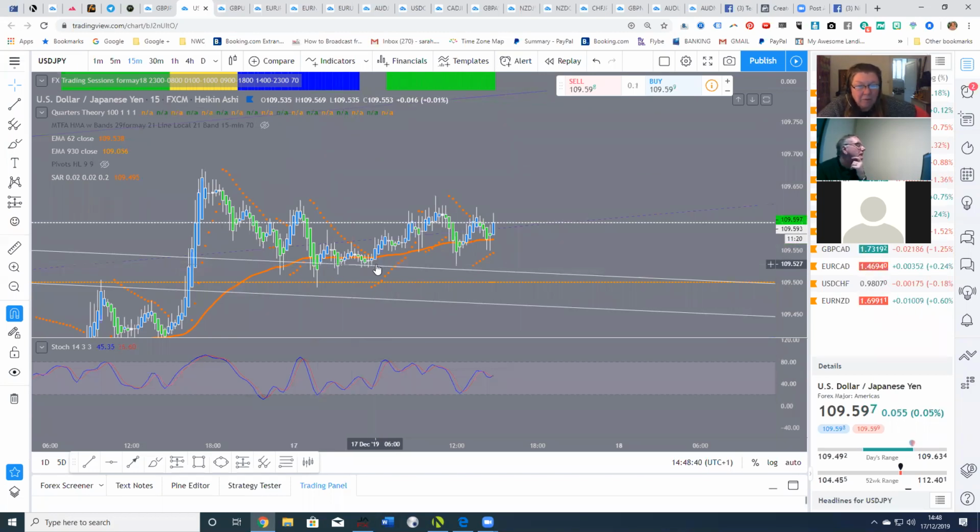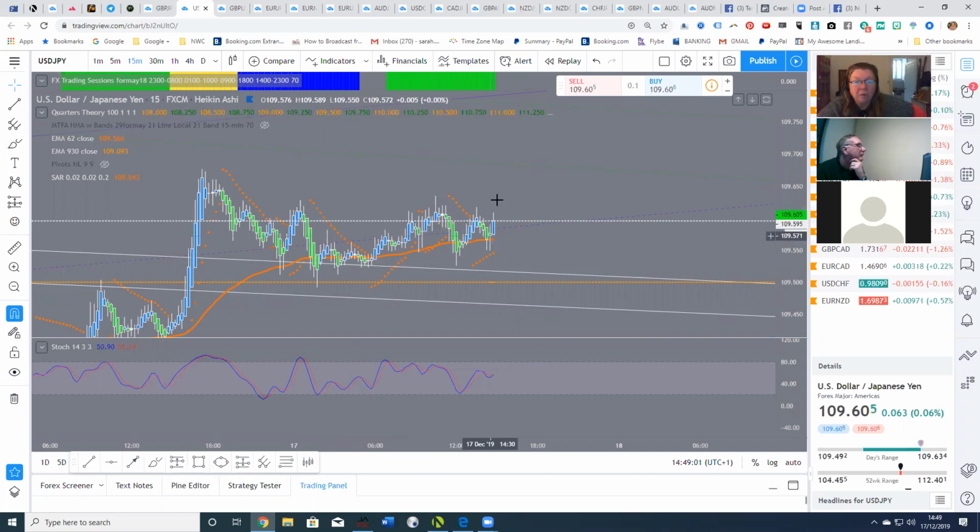And then at the open of London, it's wanted to come up. It's tested that extension again, but it's now rejected the 62 again. So we've had close of Tokyo, 1, 2, 3 rejections of the 62. So price does want to carry on upwards.